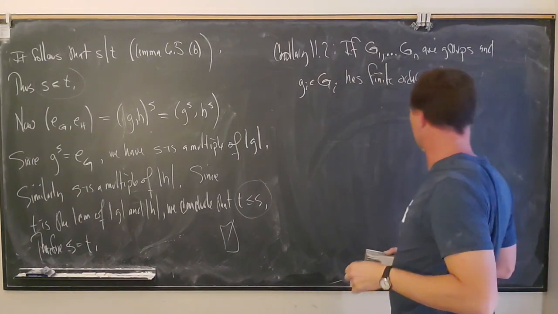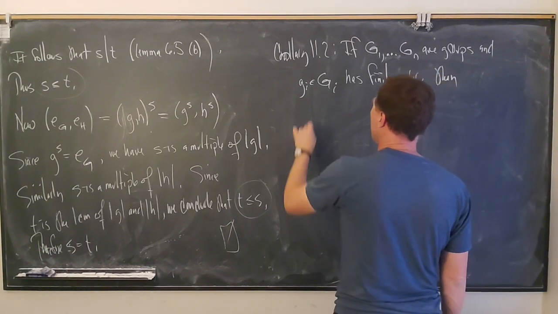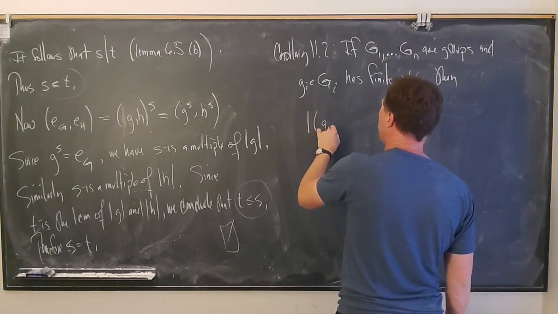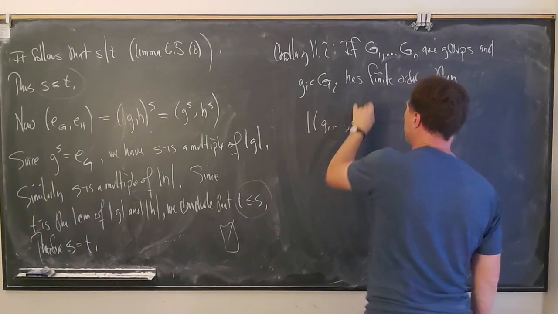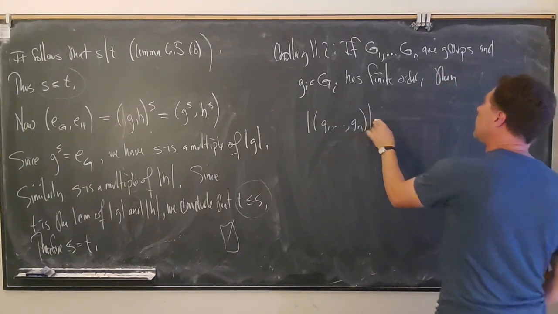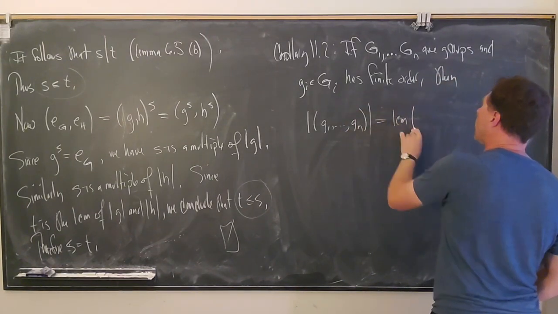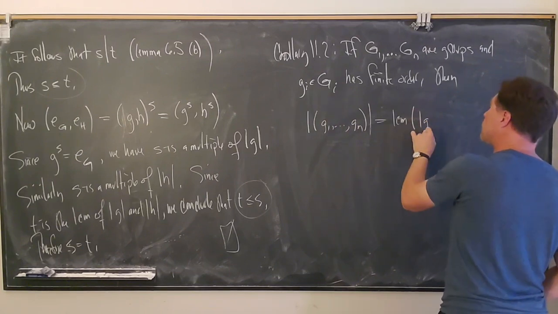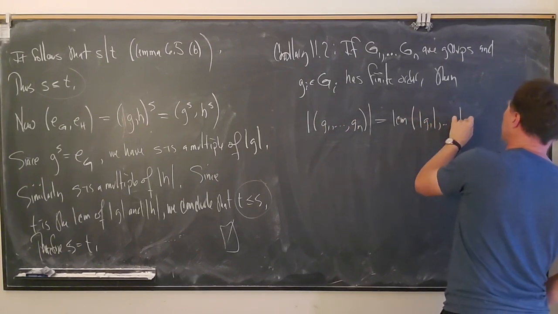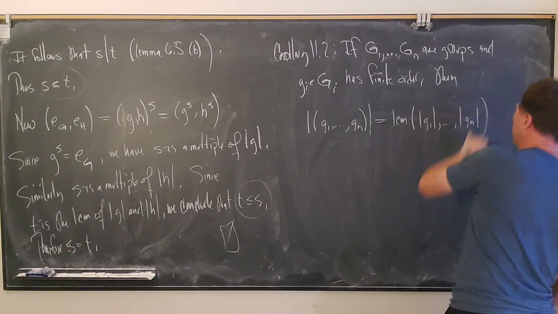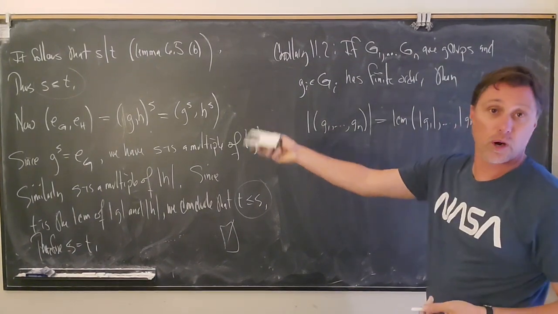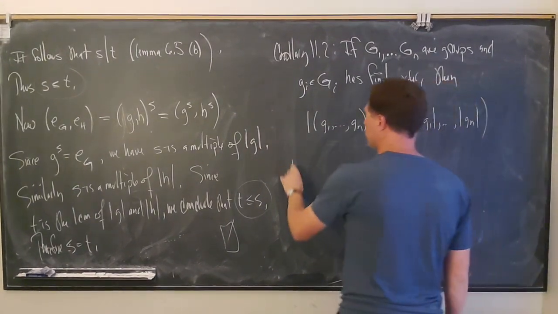then the order of the element (g_1, ..., g_n) is going to be the least common multiple of the orders individually, so the order of g_1 up through the order of g_n. And what's the proof? Well, it's induction, where our theorem is the base case.